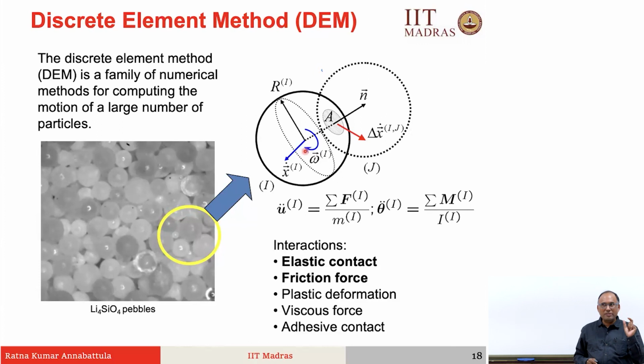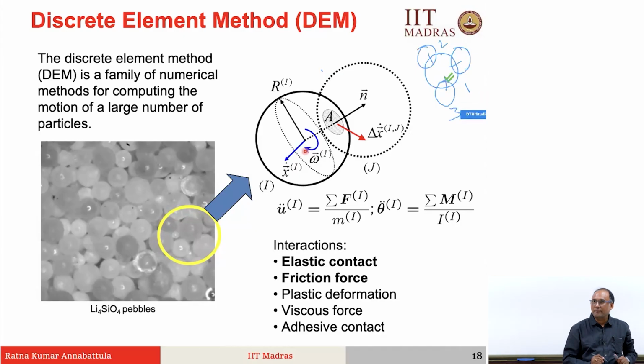A contact pair means two particles coming in contact. In a particular scenario, you may have a particle in contact with more than one particle. This is contact pair 1, this is contact pair 2, contact pair 3.